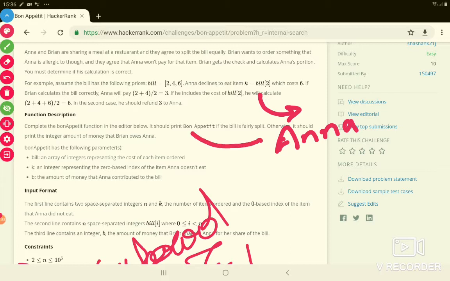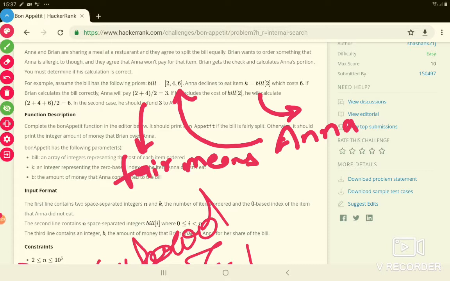Bill 2 represents 6. If Brian calculates correctly, by fair means, then he will leave out that price 6. But if he calculates by unfair means, then he will also include that price, which is 6, at the second index of the array bill.